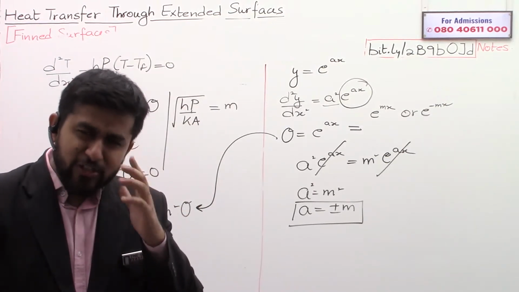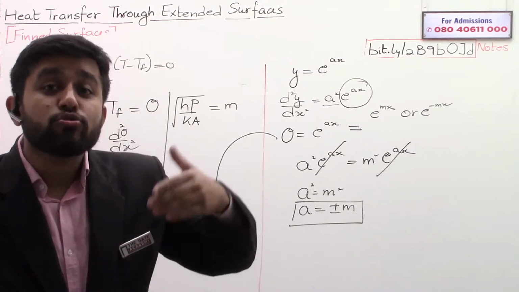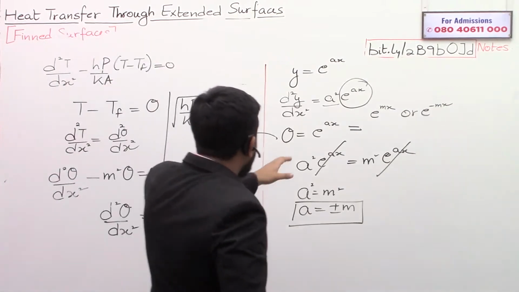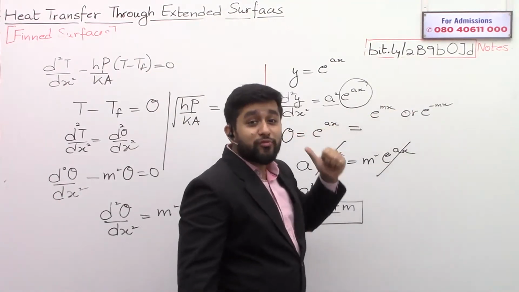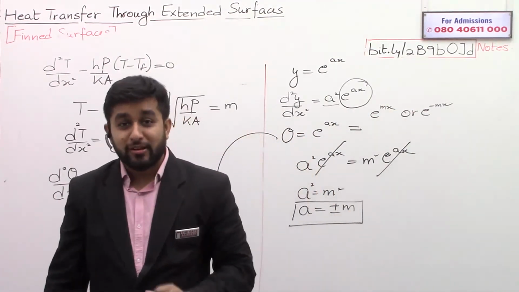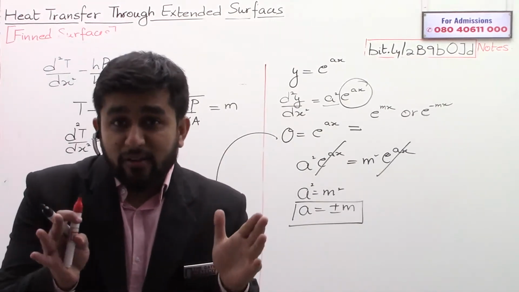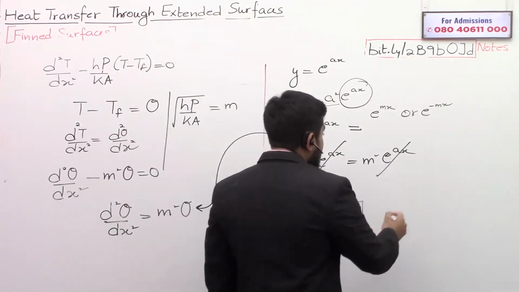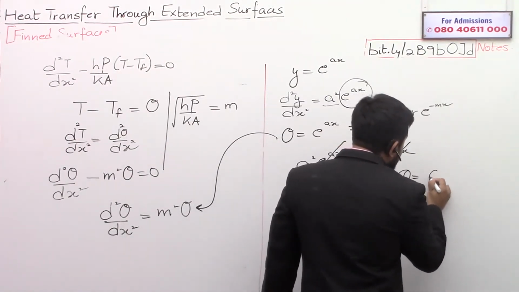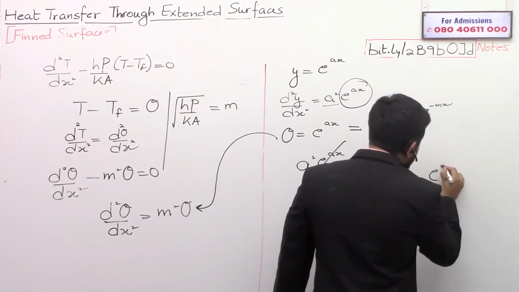It says that if a function has two solutions, then the linear sum of the two solutions is the final solution. Some theory like this is there in differential equations. So I will say theta is equal to e raised to power mx, one solution.